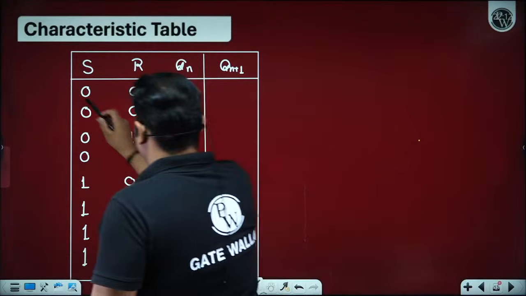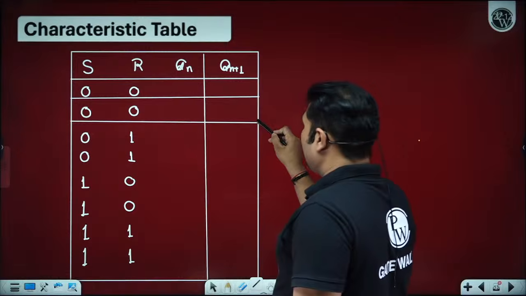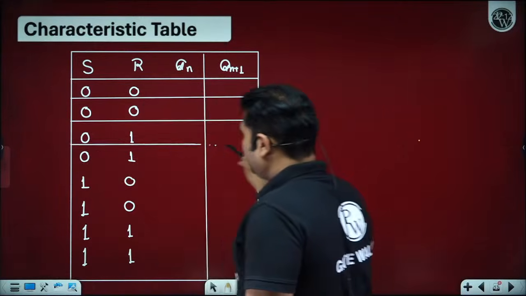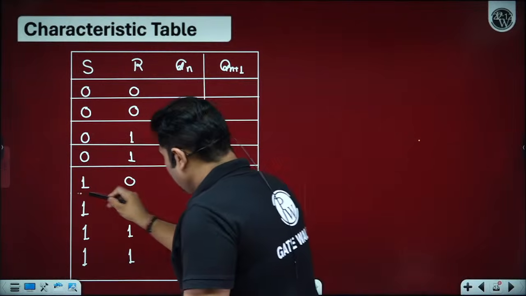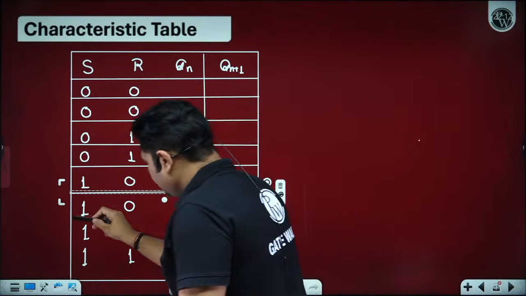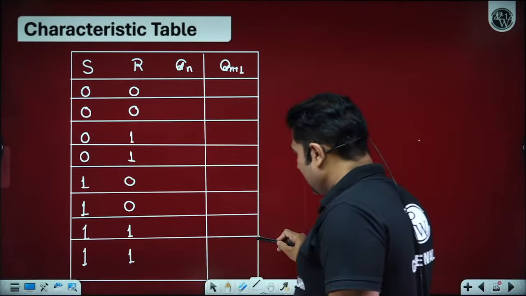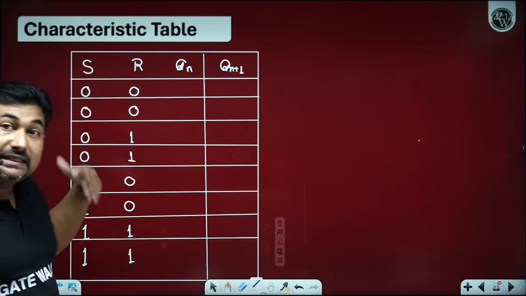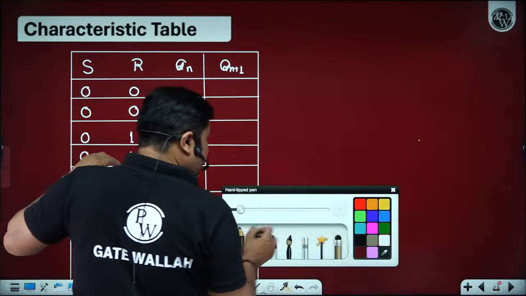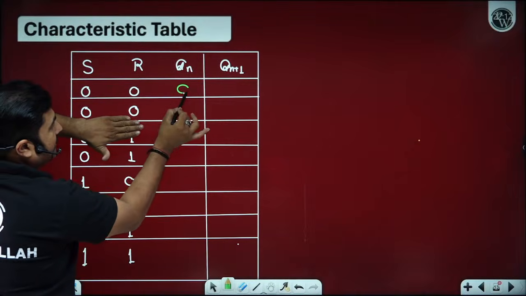Present input may be S0, R0; S0, R1; S1, R0; or S1, R1. Now the present state. For present input 0, 0, present state may be 0, may be 1.